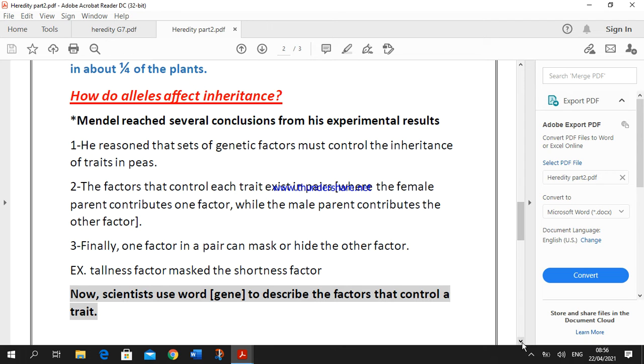For example, the tallness factor masked the shortness factor because the tallness factor is a strong factor of the trait, while the shortness factor is a weak factor of the trait, okay. Now, scientists use the word gene to describe the factors that control a trait.